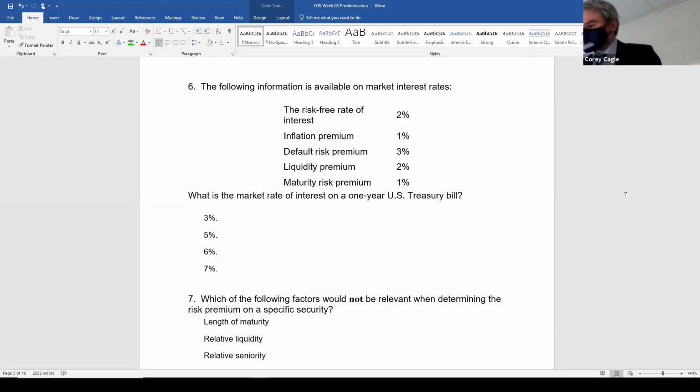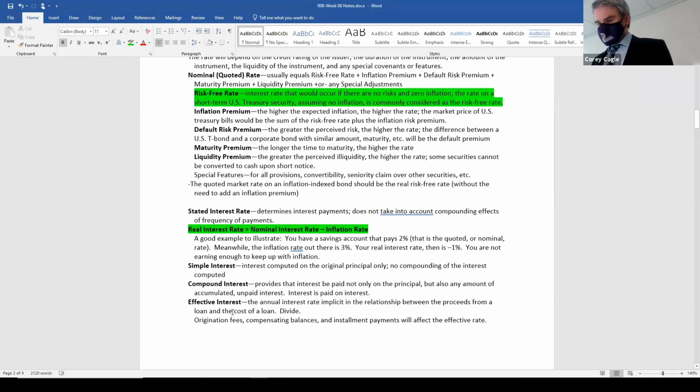Okay, number 6. That gives a bunch of different interest rate numbers: risk-free rate, inflation premium, default risk premium, liquidity premium, maturity risk premium. But then they just say, what's the market rate of interest on a 1-year treasury bill? So if you remember from your notes, and we didn't specifically say this, but I have it down.